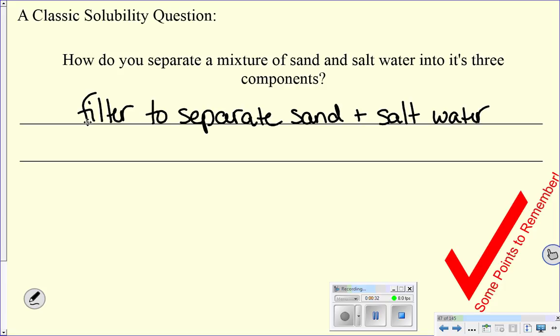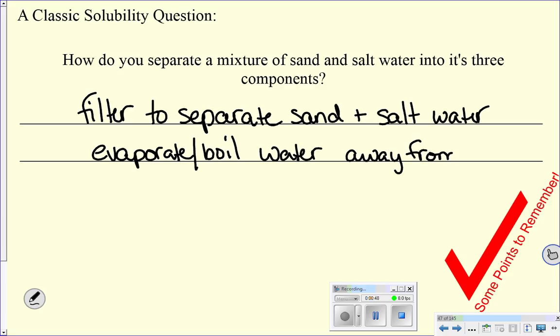And this would yield salt water. In order to separate the salt water, you have to evaporate or distill or boil water away from the salt. This is kind of a classic question because it shows us some pretty important things here.